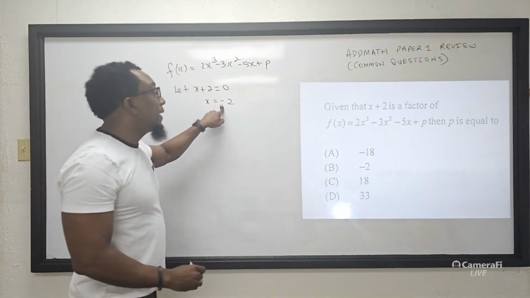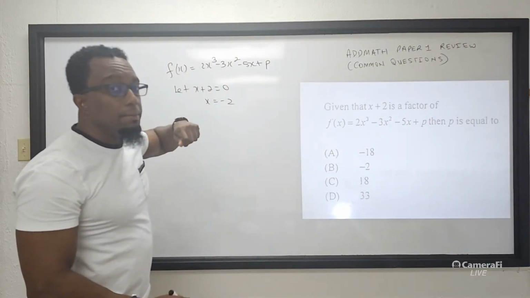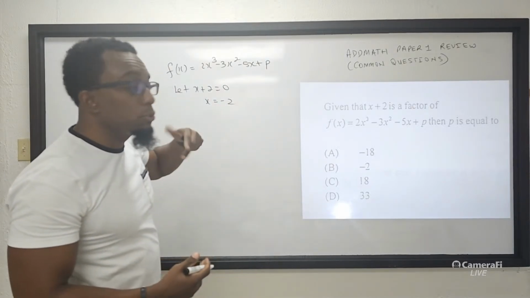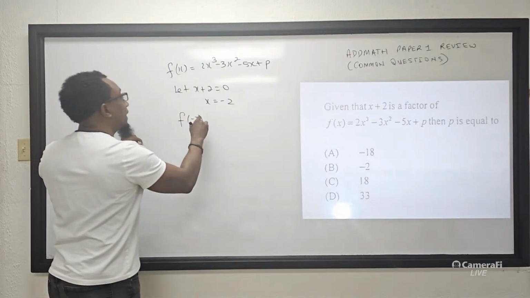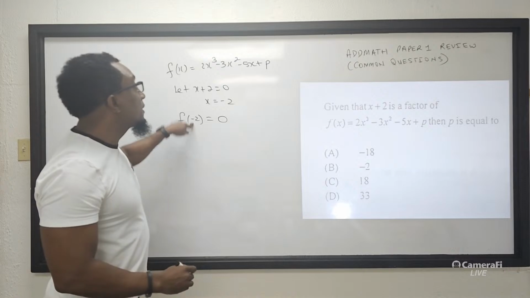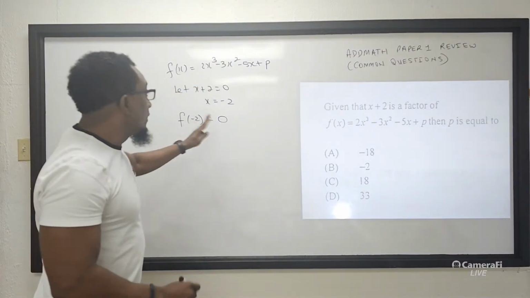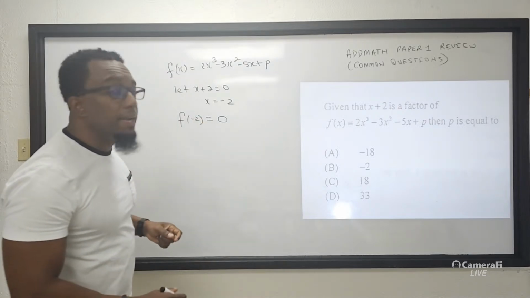So when I substitute negative 2 for x in my cubic polynomial, I'm supposed to get a remainder of 0 because x plus 2 is a factor. So I can simply say now f of negative 2 will be equal to 0. Meaning, when I substitute negative 2 into this polynomial, I'm supposed to get 0. So I have basically created an equation here to help me to find the p.